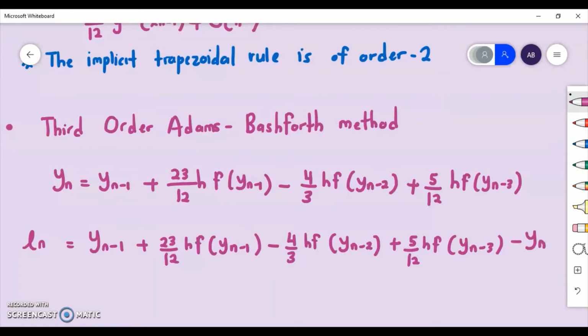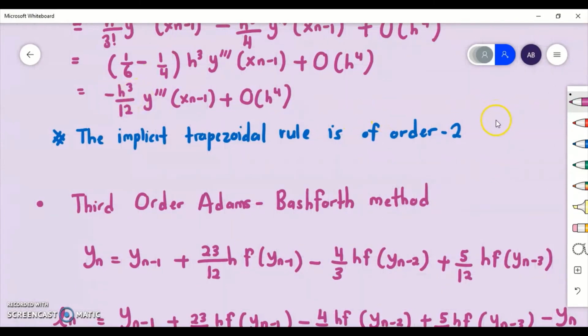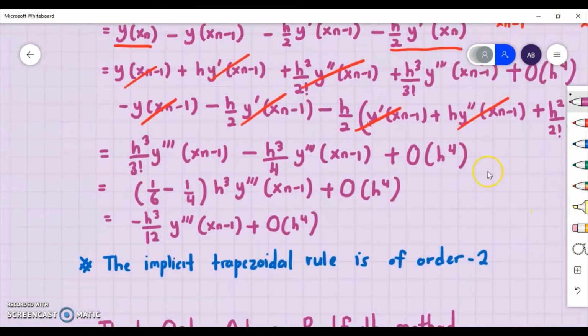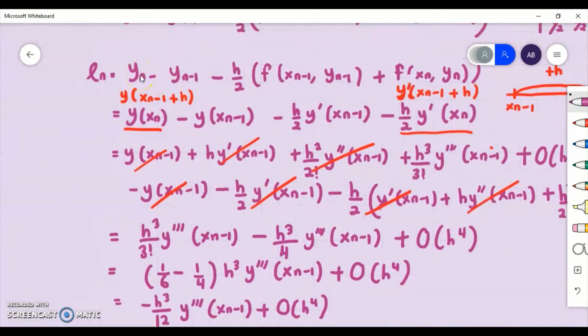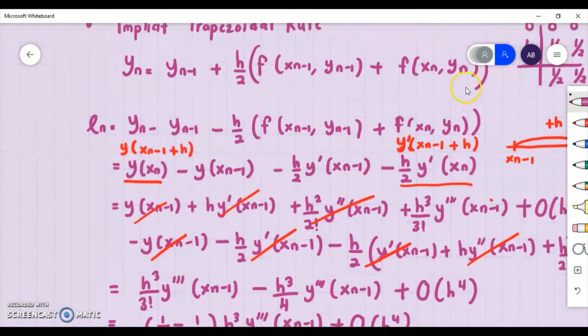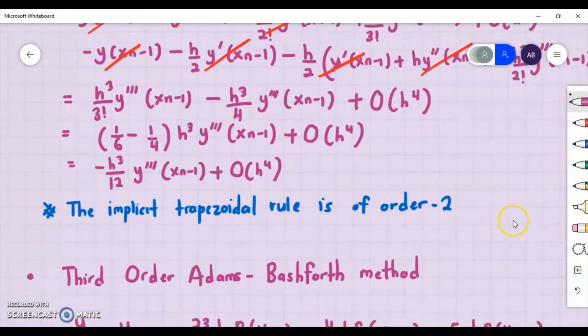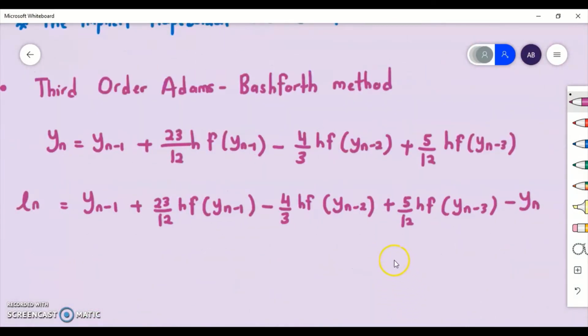In the earlier problem we solved, you have a negative term, because I took yn minus this equation. If you don't want to see the negative part, you could take this whole term minus yn. It doesn't matter, because we know the local truncation error must be positive, so you have to take the absolute value, but I'm not going to show that.